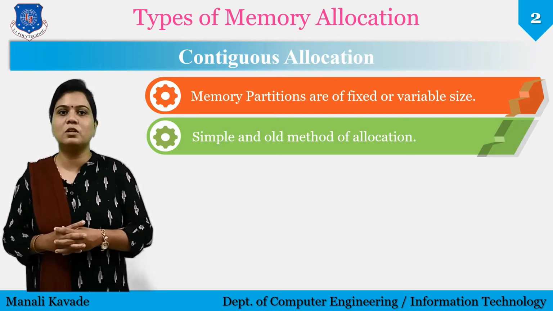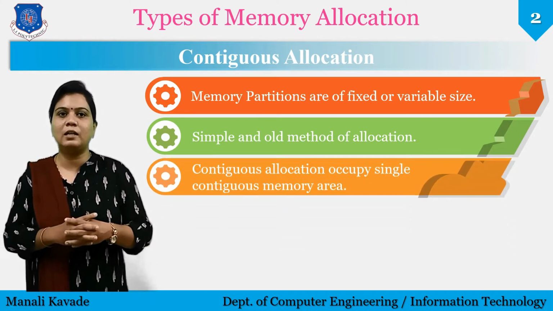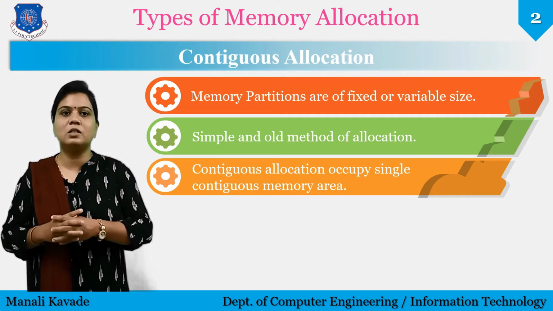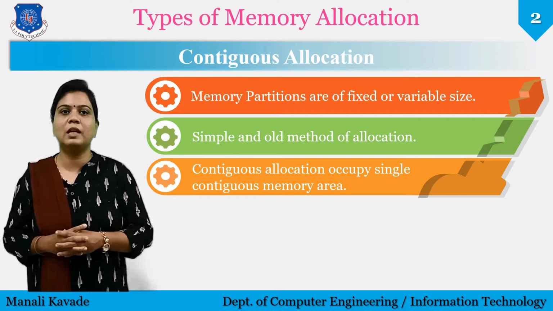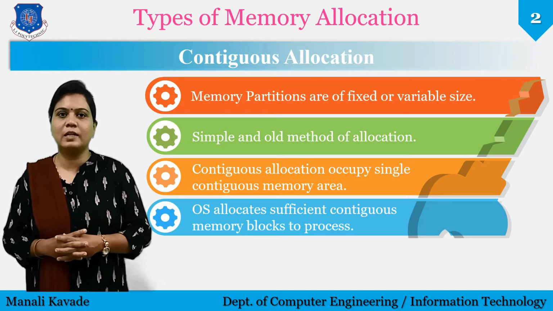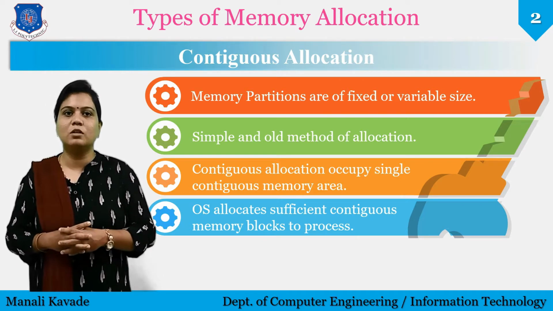Contiguous storage allocation implies that programs, data and instructions are assured to occupy a single contiguous memory area. Operating system allocates sufficient contiguous memory blocks to process.